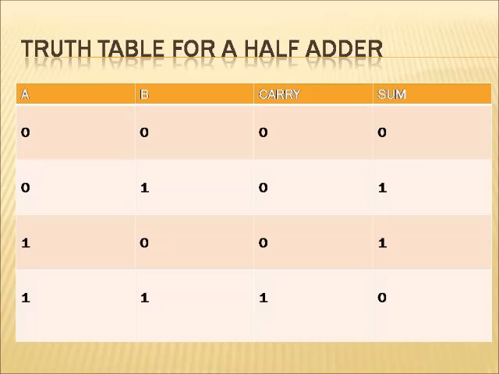Similarly in the binary way, 1 plus 1 is equal to 2, and 2 in binary is 10. When we have 1 plus 1 equal to 10, it means we represent 0 in the sum column and 1 in the carry column.